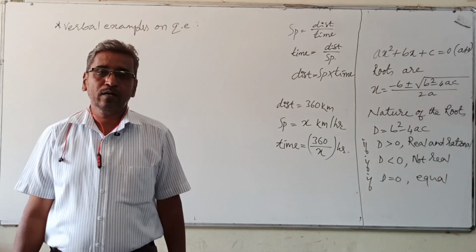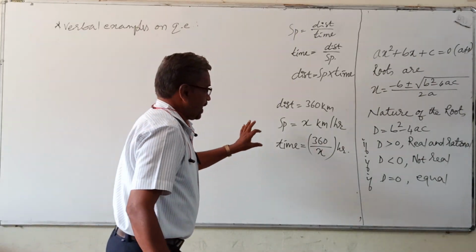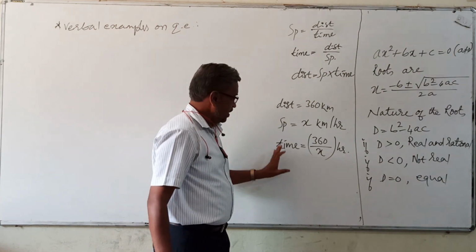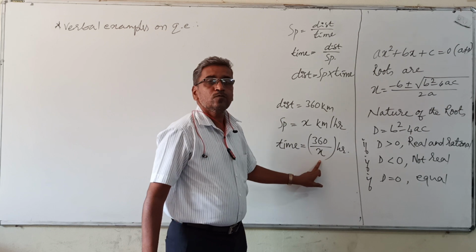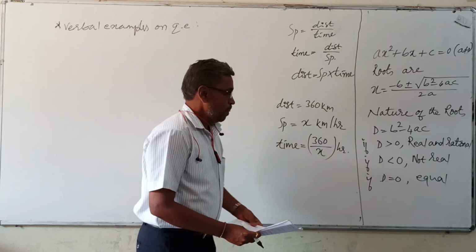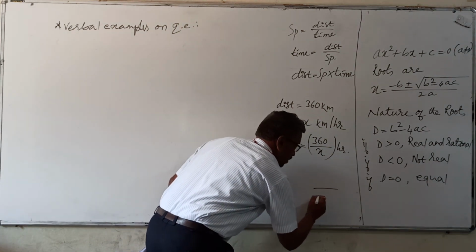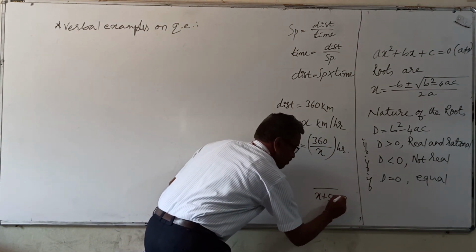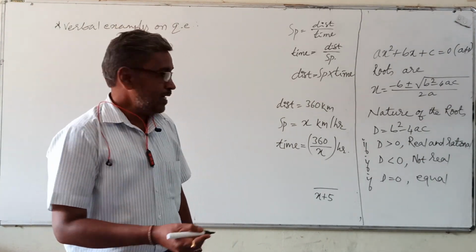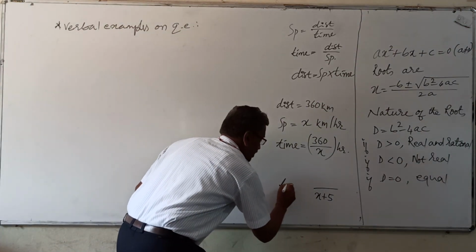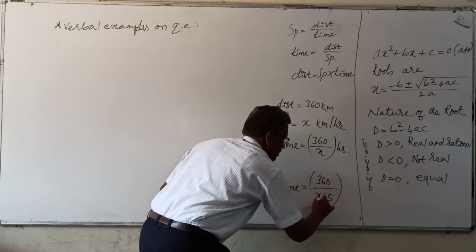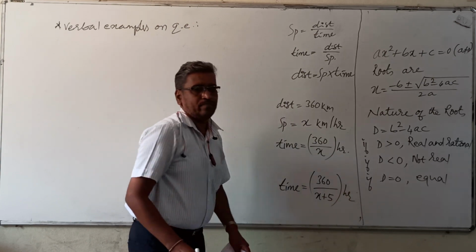So this is a very important relation. Time taken to cover the 360 km is 360 by speed. Speed was taken as x km per hour. If the speed is 5 km per hour more, then at that time, what is the time taken by the train to cover the same distance of 360?